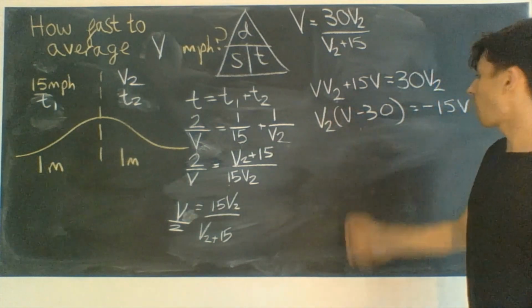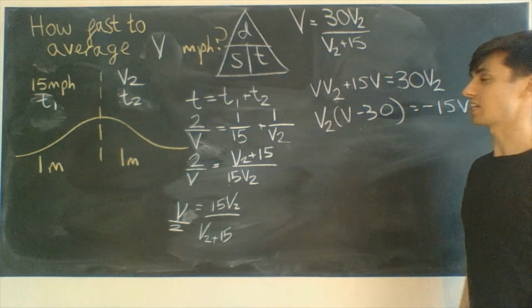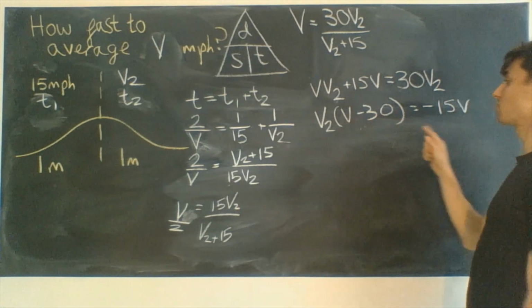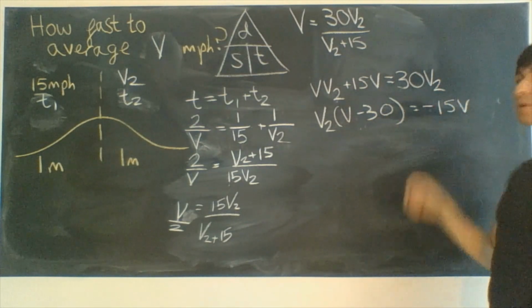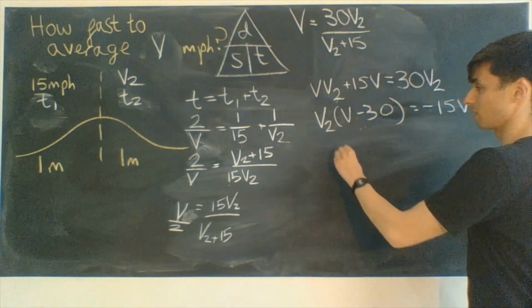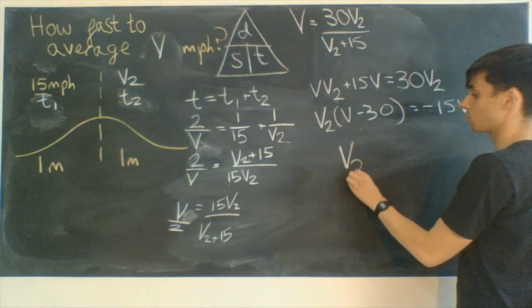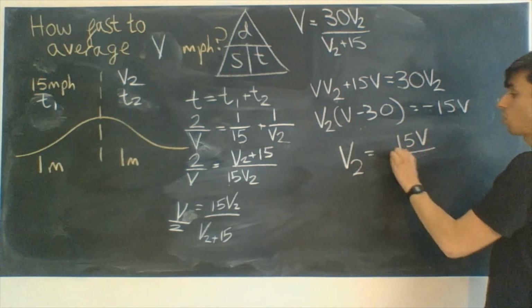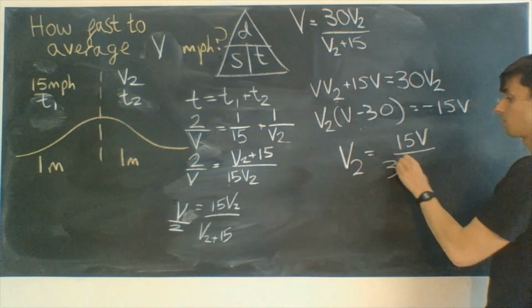And then we want to divide by this v minus 30. But actually, being a bit smarter, we can divide by minus 1 lots of v minus 30. And we take care of this minus 15 then. So we're going to get v2 equals 15v over 30 minus v.